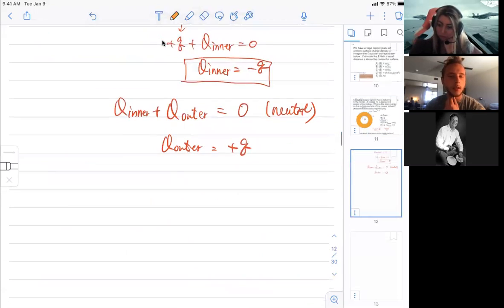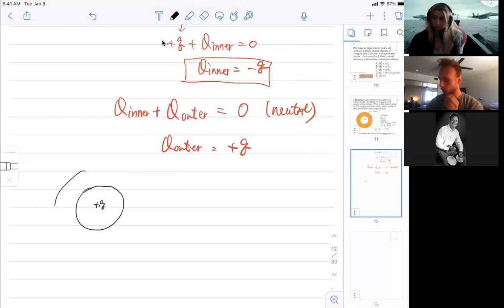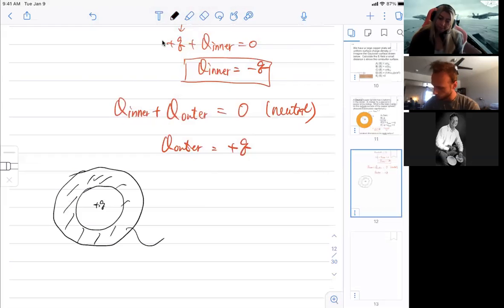If this thing is not neutral, if this thing has an excess amount of positive Q on it, what happens inside? Do you think the inside is still negative Q?